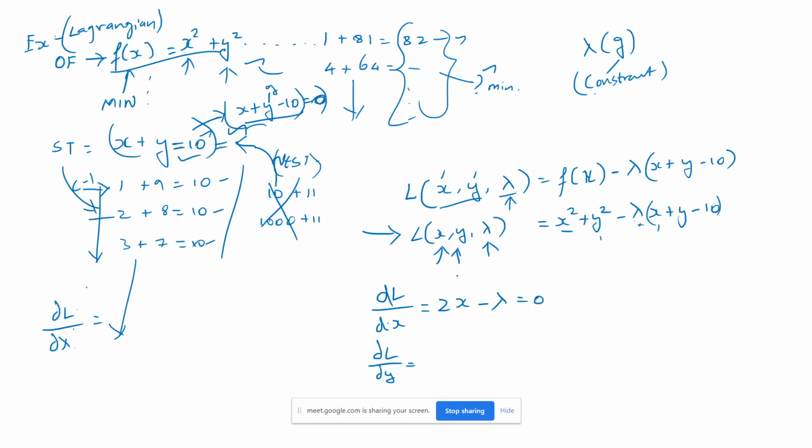And if you differentiate the same equation with y, then I will get 2y minus lambda equal to 0. And then if you differentiate with lambda, only this constant remains, because the others are 0. Then I will get x plus y minus 10 is equal to 0.